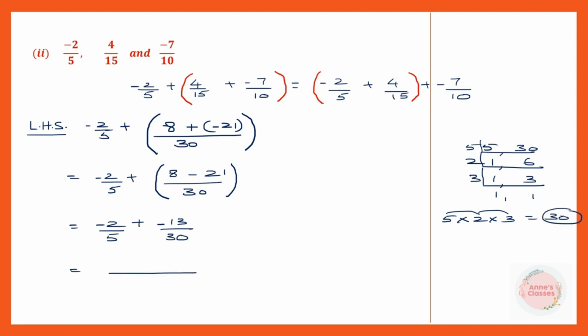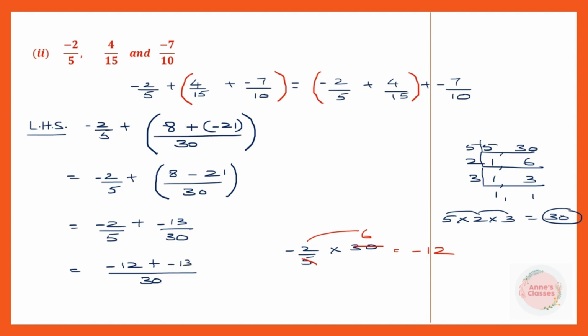So this is 30. Now let's take the first rational number minus 2 by 5, multiply it with the LCM. Cancel 5 and 30. 5 sixes are 30. Multiply these two. It becomes minus 12. So let's write there minus 12 plus. Look at the second rational number minus 13 by 30. The denominator is the same. So we can write the same numerator also.